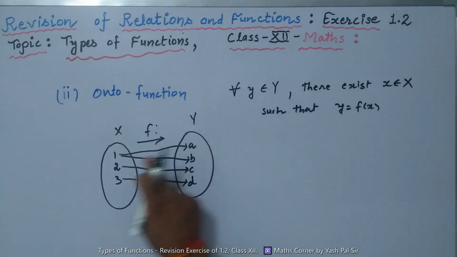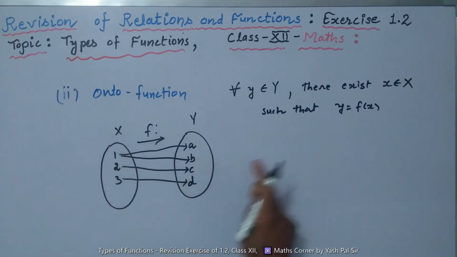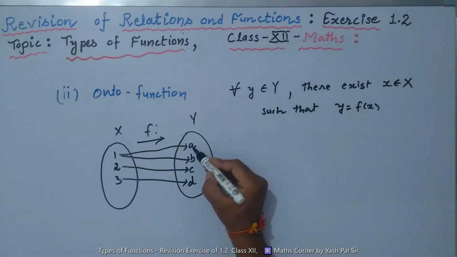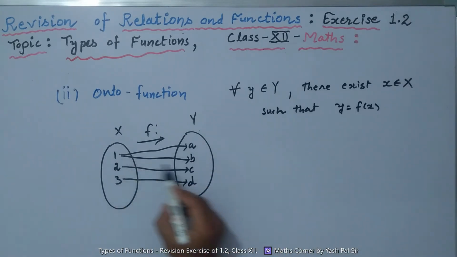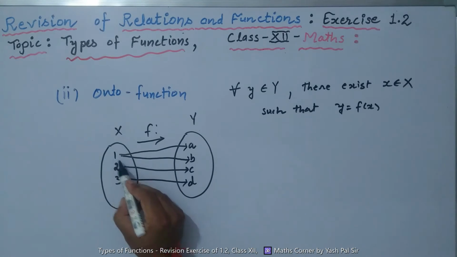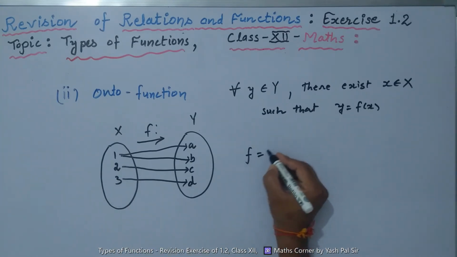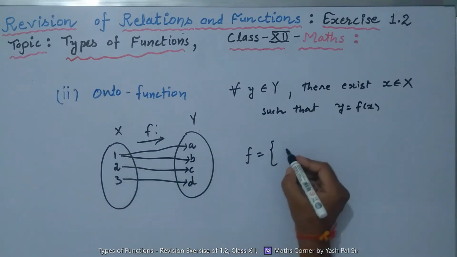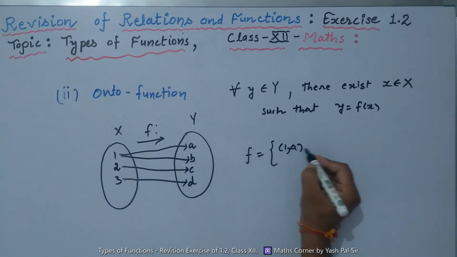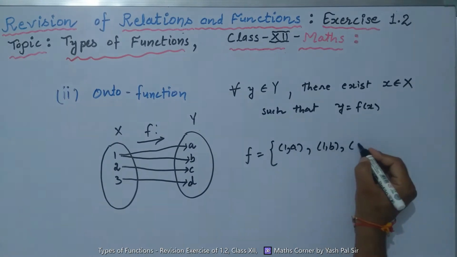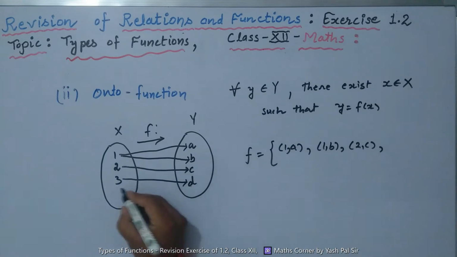For a there exists 1, for b there exists 1, for c there exists 2, for d there exists 3. So f is an onto mapping here. In this example, the ordered pairs become (1, a), (1, b), (2, c), (3, d).